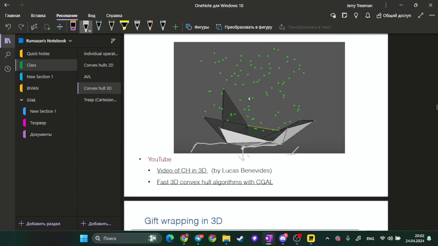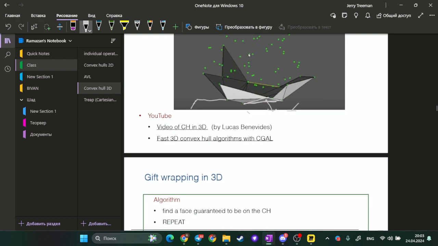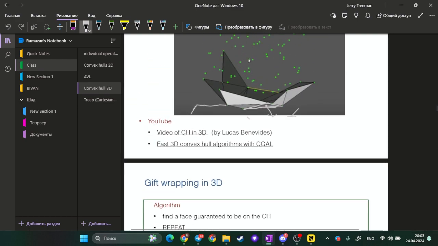Okay, and we do the same algorithm that I considered, but first of all we consider this normal vector that is located outside of our polygon.